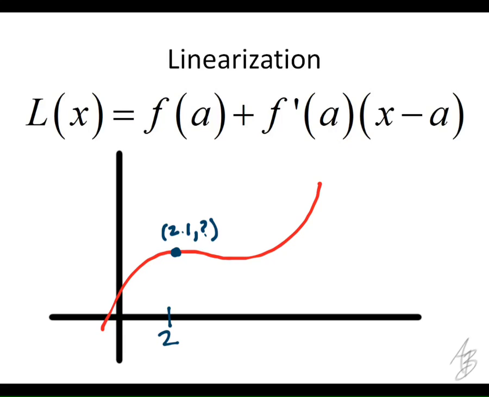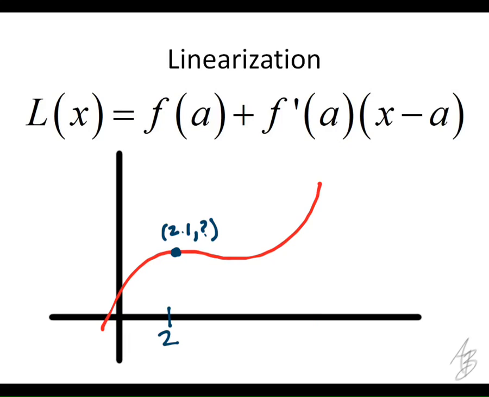Rather than plugging 2.1 into some big complicated function, I might be able to use a line to approximate it close to 2. I wouldn't want to use a point out here at like 6 to approximate the value of the function at 2.1. Why not? Why would I want to use a point at 2 rather than a point at 6? That's closer, right? That's an easy question, I think.